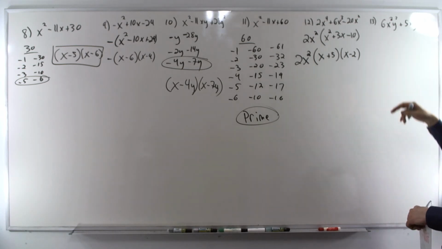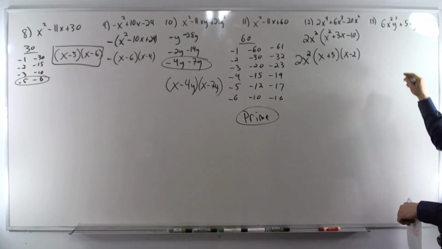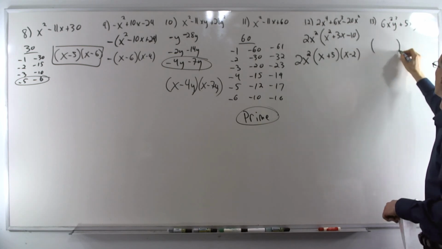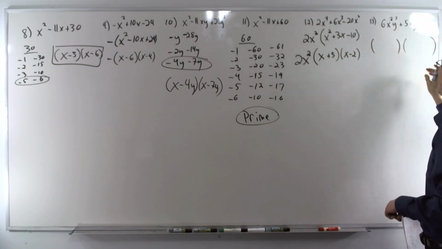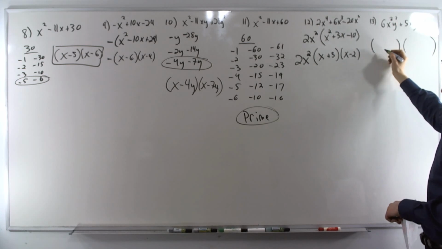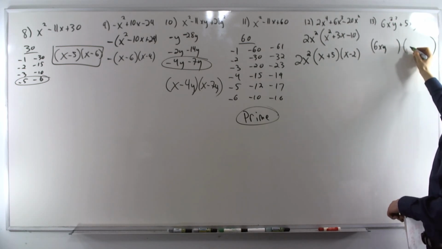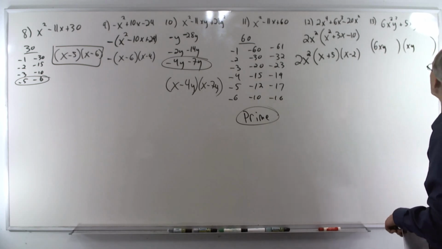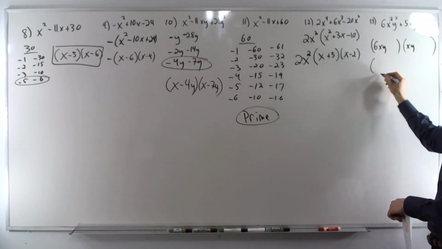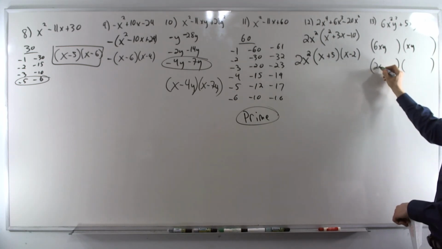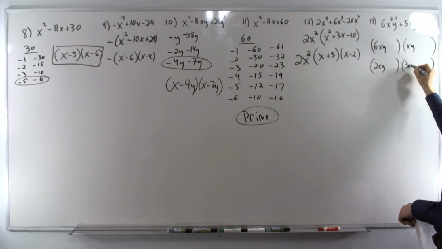This is a trial and error one. The formats can be a little different on this one because we have x and y here. So that means we're going to have to try things that have something like 6xy and then xy, or we could do 2xy and 3xy.